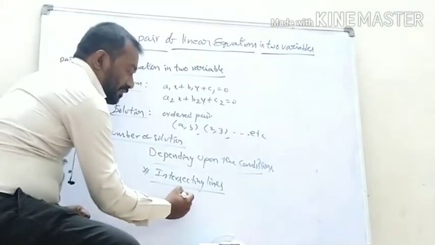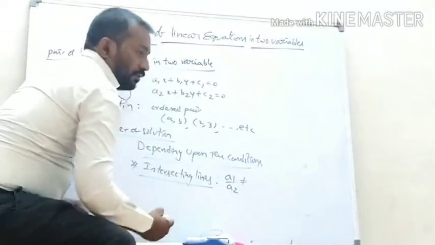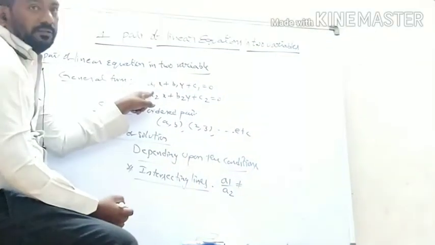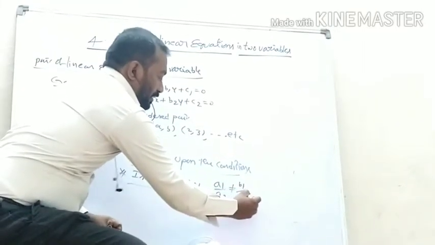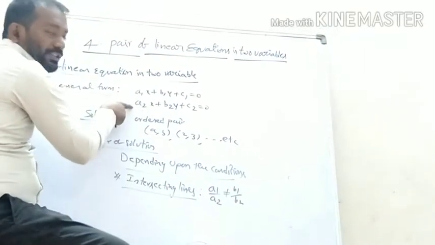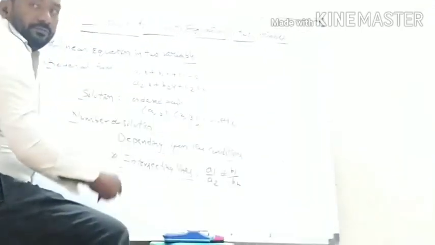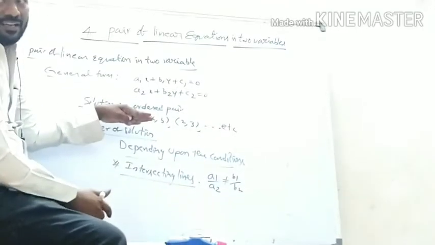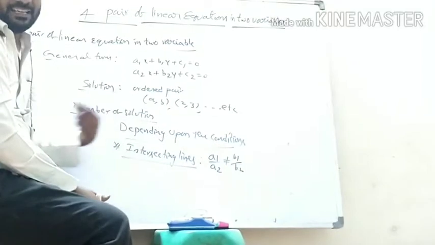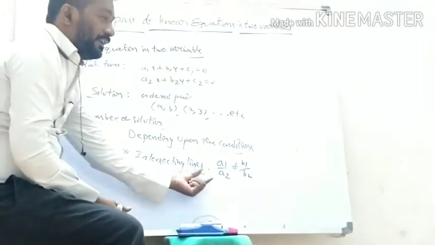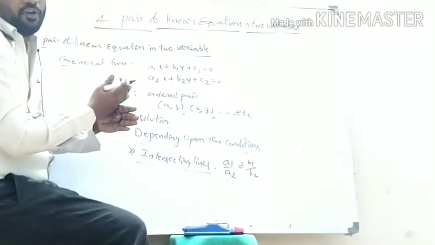Then the condition is A1 by A2 not equal to B1 by B2. These are the x coefficients and y coefficients ratios. Then these two equations are called intersecting lines. What is the condition? A1 by A2 not equals to B1 by B2. Intersecting lines have how many common points?